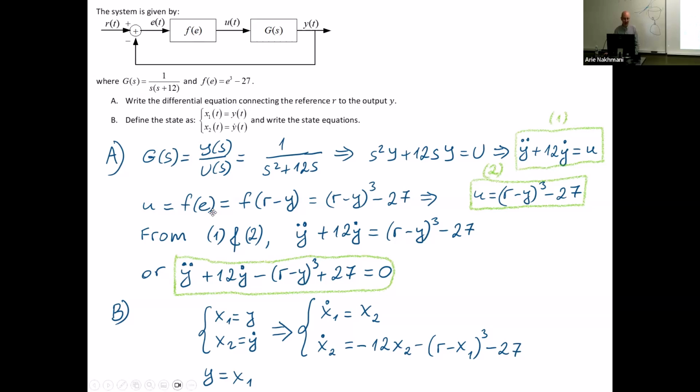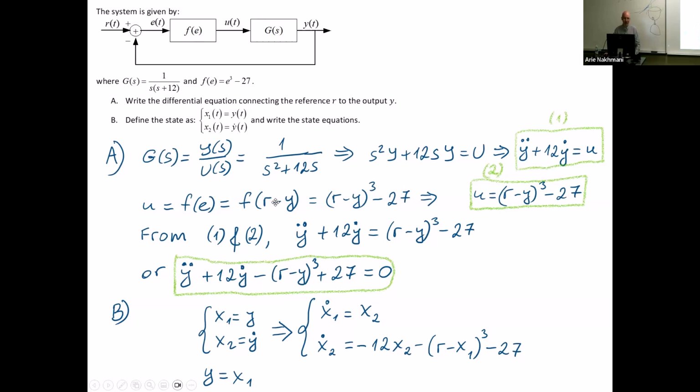So u is a function of e, and this is that function of e which is written here. I'm replacing that with e cubed minus 27. So u equals f(e), and e is equal to r minus y. This is the error, r minus y, which is coming from here. This is that additional equation.